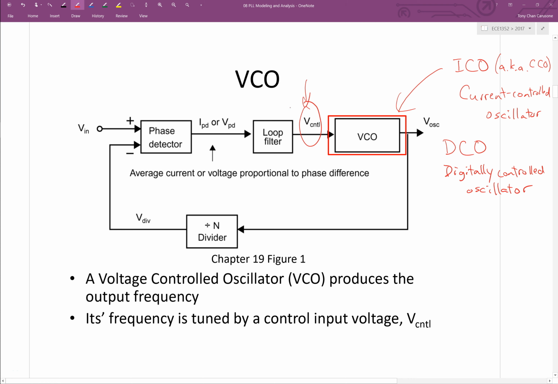So in that case, there's a bunch of digital circuitry here instead of analog circuits. But in terms of what kind of poles and zeros are required to stabilize the loop, how the dynamics of the loop depend on those quantities, our discussion will be pretty general so that it's applicable to any of those cases. But for now, we'll just talk about the VCO.